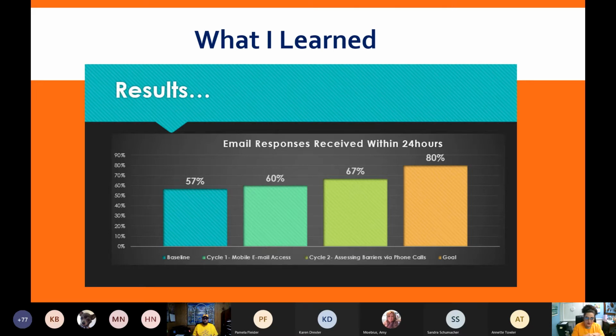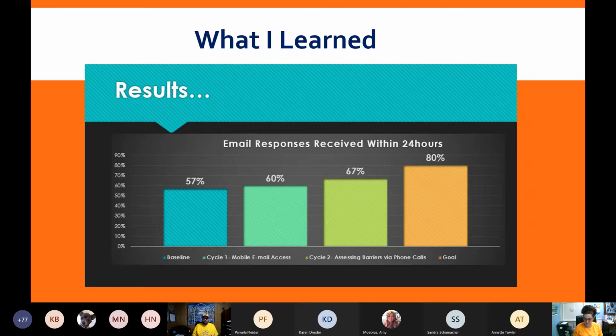The first cycle that we did was that we created mobile email access. So we started having people put their email account for their job on their phone or whatever device they were using consistently. A lot of our employees are community service providers, so they don't always spend a lot of time in the office.